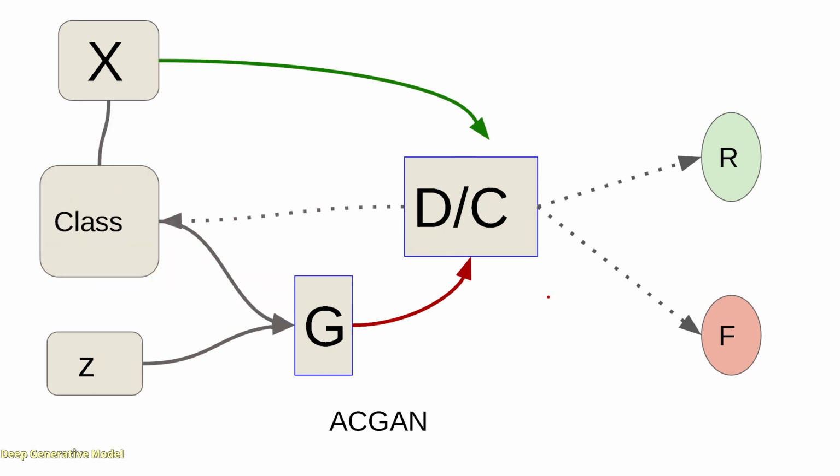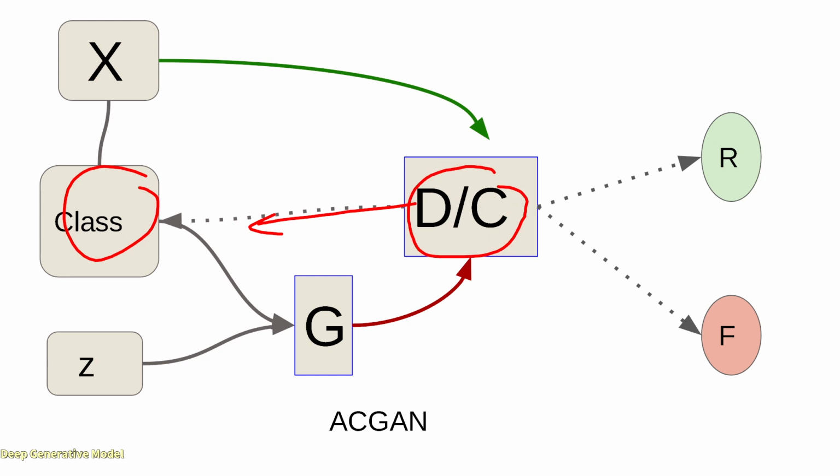So the AC GAN is also a way to train the conditional GAN, but without the issue that we have to design the architecture of the discriminator, because it treats the class as the output, as a target instead of the input. So we have exactly the same discriminator architecture as before.